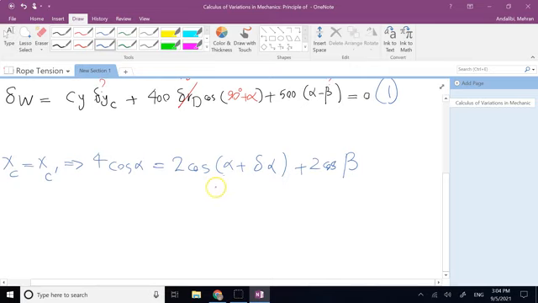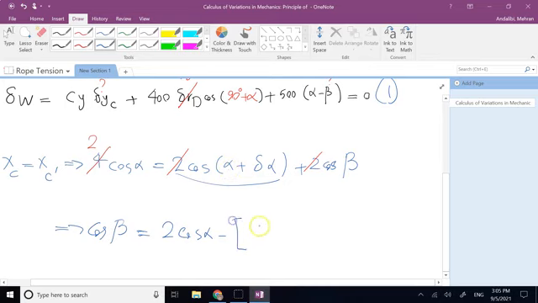What I need to do is expand this cosine term, and I also get rid of a 2. So from here, your cosine of beta is going to be 2 cosine alpha minus cosine of the summation. Cosine of a summation, as you know, is cosine of the first one times cosine of the second one minus sine of the first one times sine of the second one.